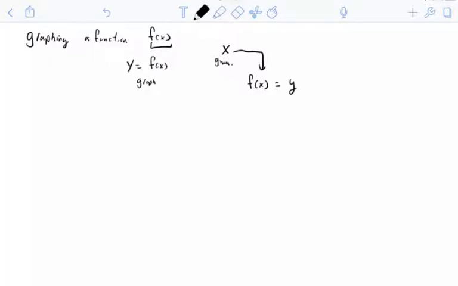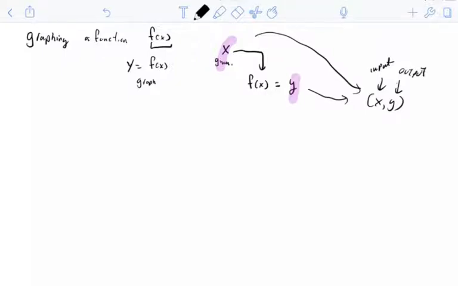And these two numbers, this one and this one, are then put in as the coordinates of a particular point on the graph. Right? So x is your input and y is the output. Okay, of the graph.